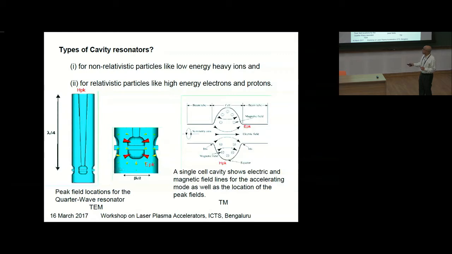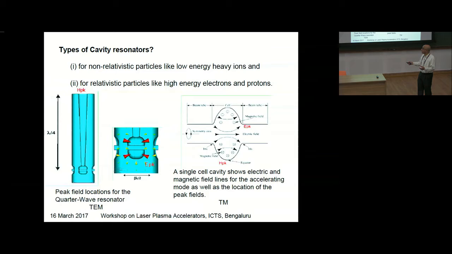And for relativistic particles, this cavity structure is slightly different, and uses the transverse magnetic mode. It's small, like a hollow donut inside, or a tube. So the field is generated in this way. At the lowest eigenfrequency, the electric field is in this direction, and the magnetic field is in the circumferential direction.